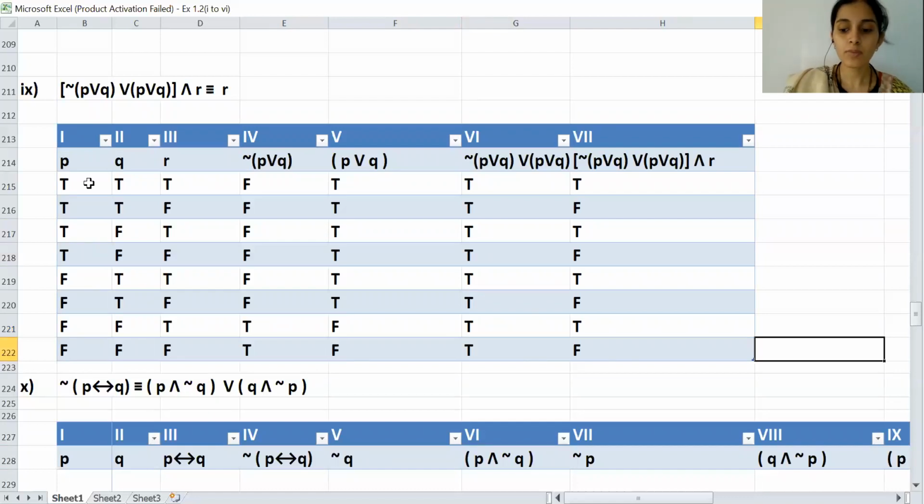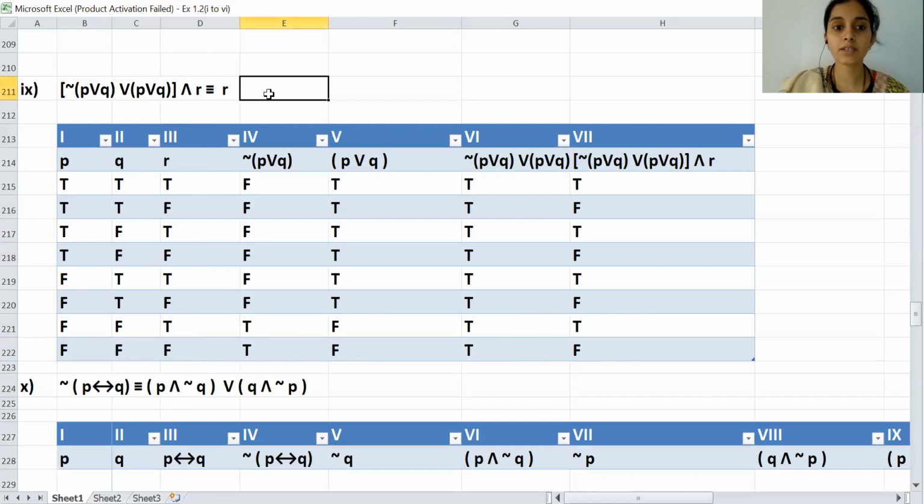Now, the right hand side is just the column R. So we don't have to write it again. What do we have to write in the answer statement though? Check column 3. It is the R column, that is alternate TF. And what is the seventh column that we have proved on the left hand side? TF, TF, TF.